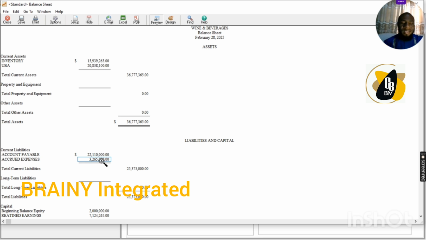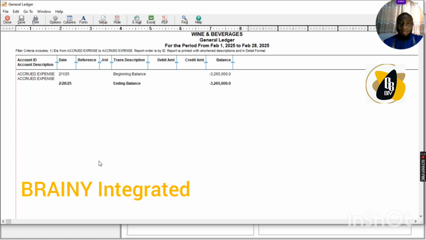Meaning the staff salary is here, which is 3 million naira. The repairs and maintenance cost is here, which was 140,000, and the electricity bill is there, which is 125,000. The three of them make up 3,265,000 naira. In case you may want to check how, you double click on this figure and it takes you back to the ledgers, of how all of these things happened.